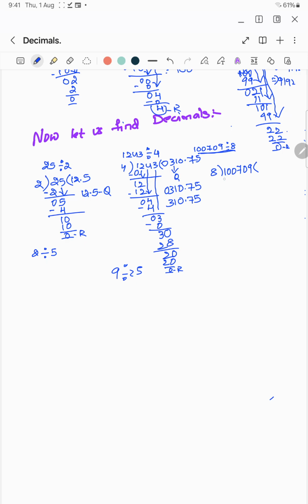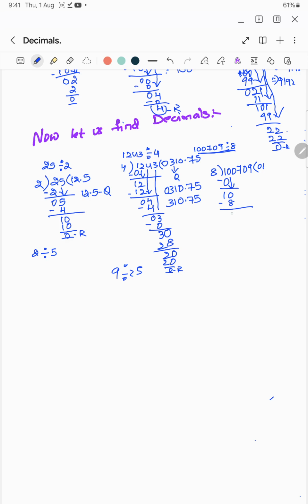There is no multiple of 8 which is less than or equal to 1, so we write 0. 8 into 0, 1 minus 0 is 1. Carry the 0 here. Now find the multiple of 8 which is less than or equal to 10. So 8 ones are 8.